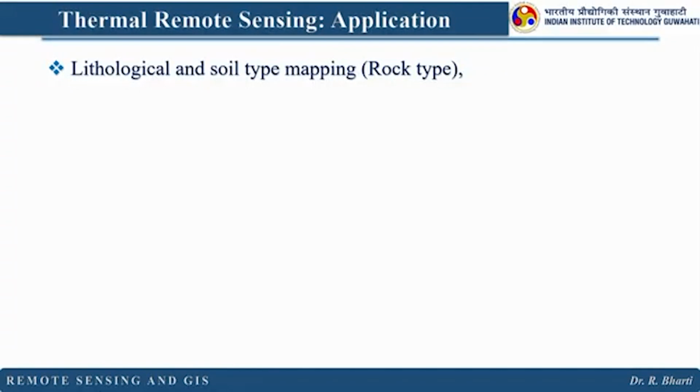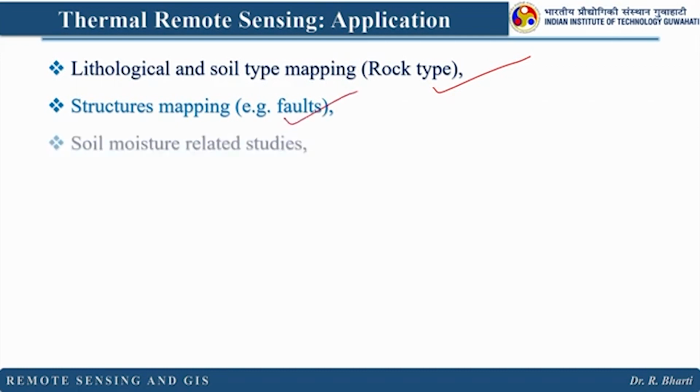So now let us see where we can apply this thermal remote sensing. Lithological and soil type mapping. I have already shown you one example with respect to thermal inertia. Then structural mapping, you can easily find out the faults and lineaments.